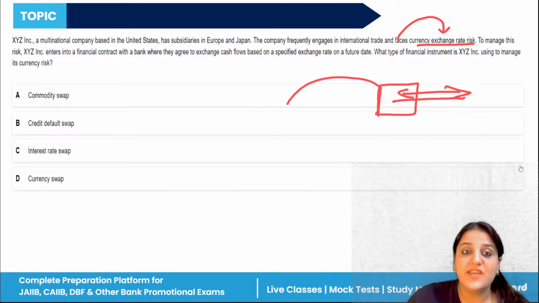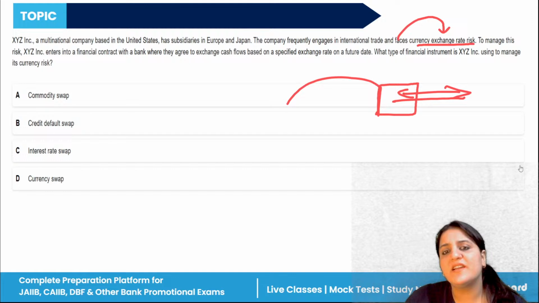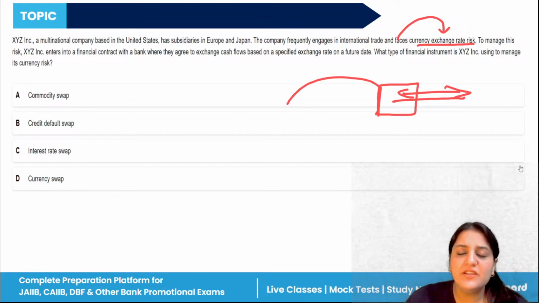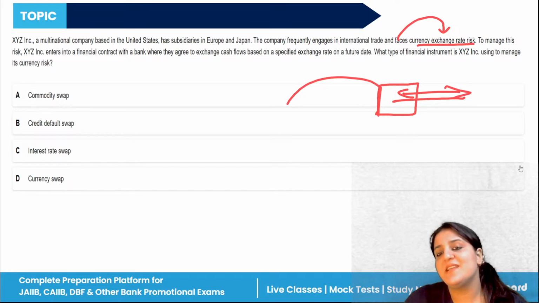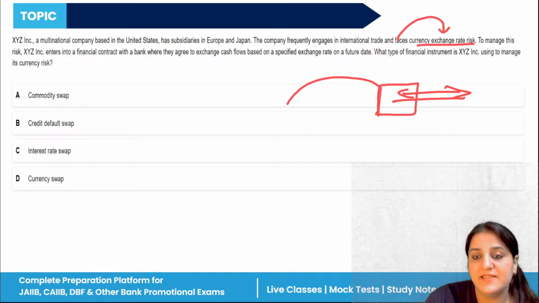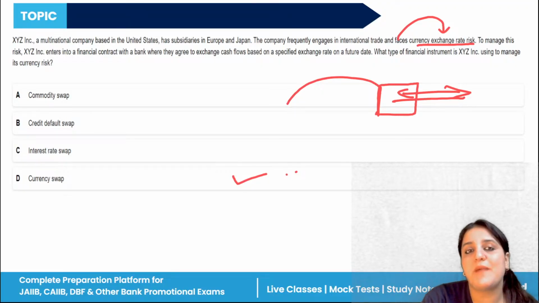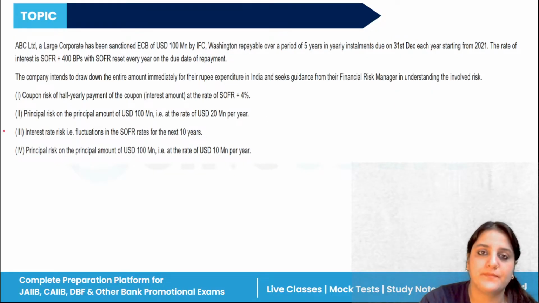This allows XYZ Limited to hedge against potential fluctuations in the currency exchange rate between the US dollar and the currencies of its European and Japanese subsidiaries. So the correct answer is that a currency swap is being used to manage currency risk by XYZ Limited.